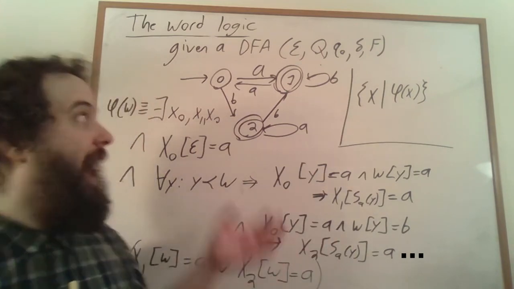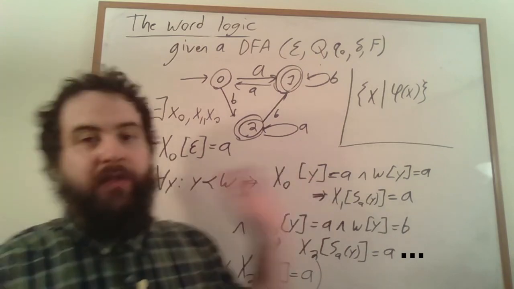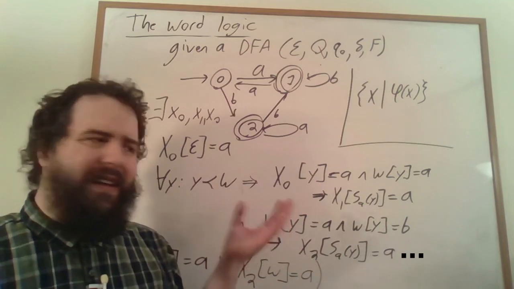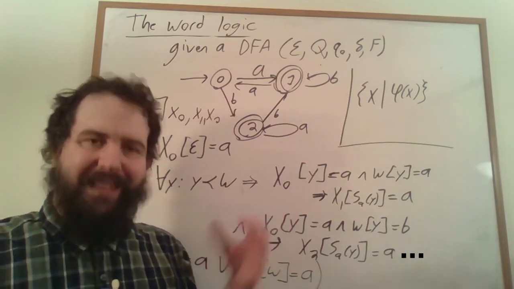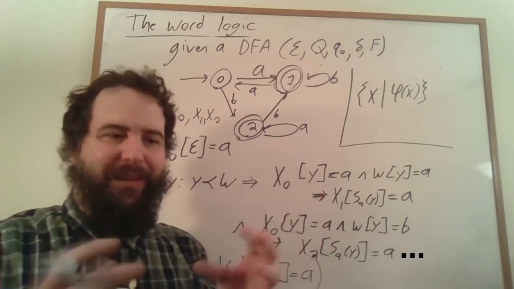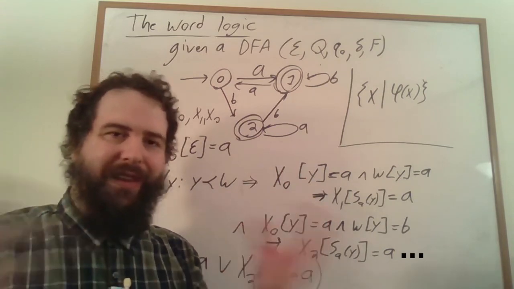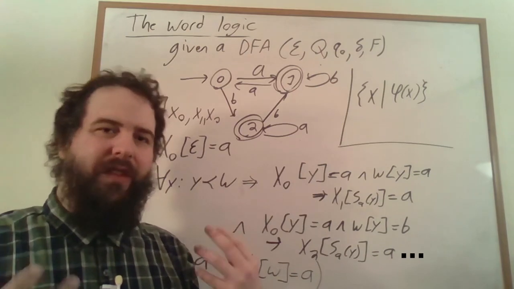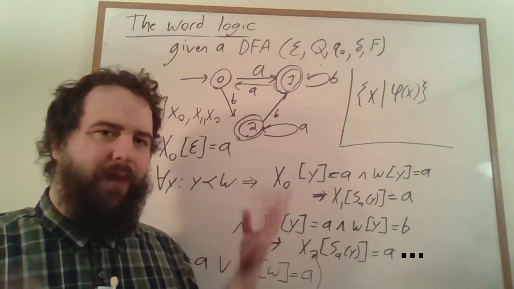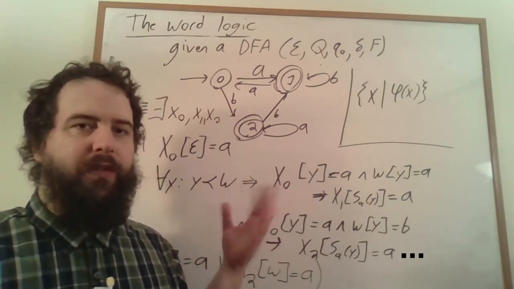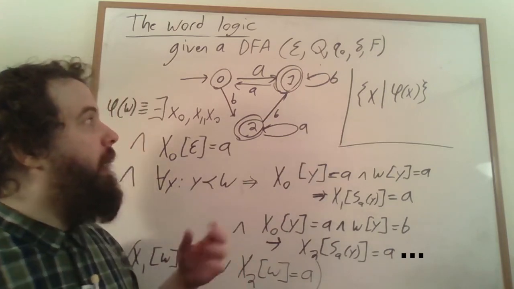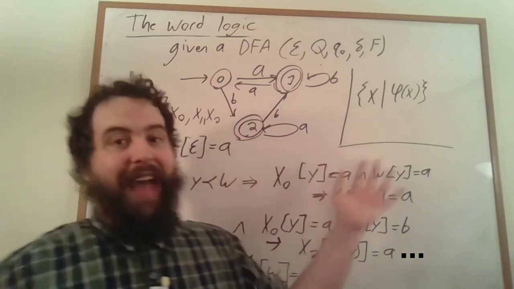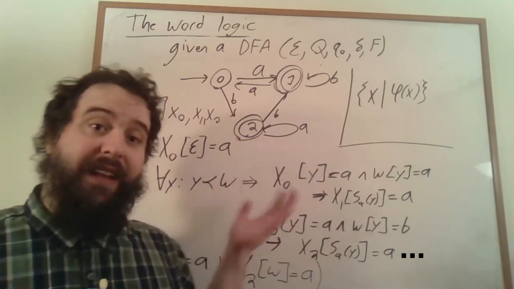And having this really nice correspondence between formulas in this, admittedly, it's a bit of a logic. There's several things going on. There's equal length, there's prefix. It's not the most natural logic in the world, but it's a pretty natural logic when it comes to talking about words. But there's this really nice logic that winds up corresponding exactly with the finite state automata.